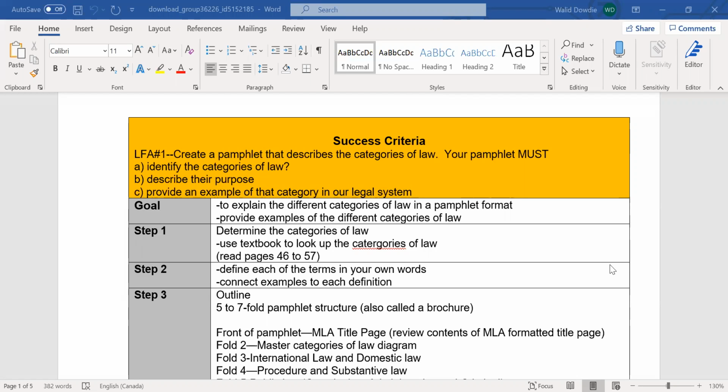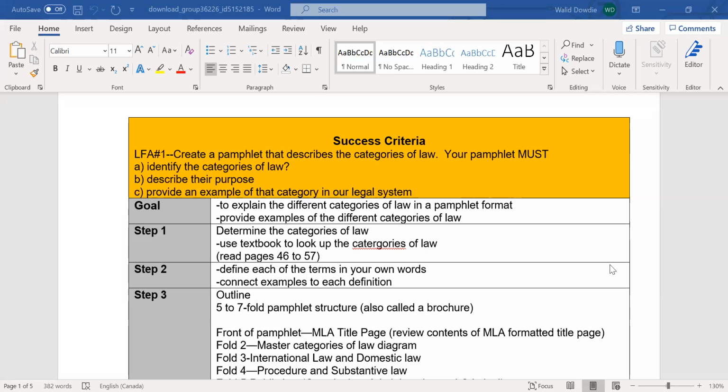So if someone said criminal law is laws that deal with the individual and the state, an example would be someone speeding in a car on a local street, getting pulled over by the police and being charged. That's an example of criminal law: he's committed a crime, he's violated the law, and he gets charged with it.